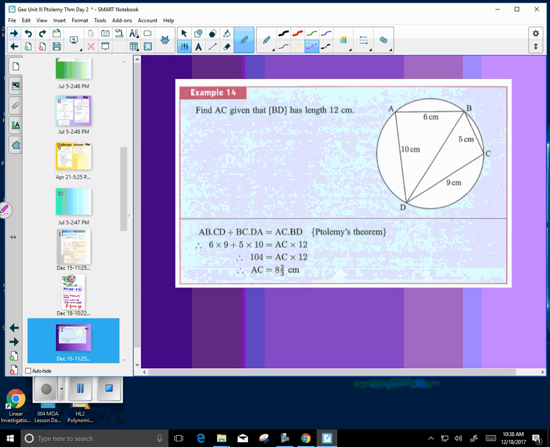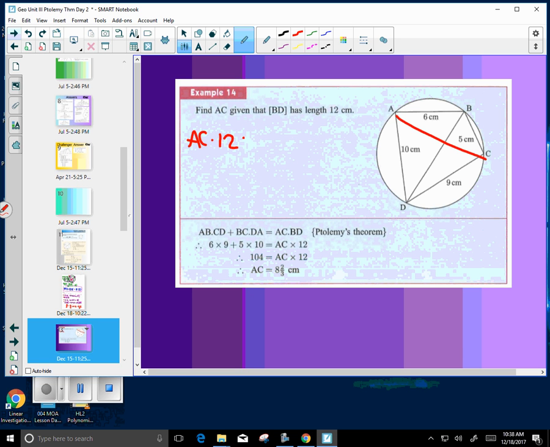But if not, let's just do some simple problems then. The proof was like the killer of this part, but the problems are not that bad. So for this one, you've got this quadrilateral. They're asking for one of the diagonals, AC. So you just go AC times diagonal BD.